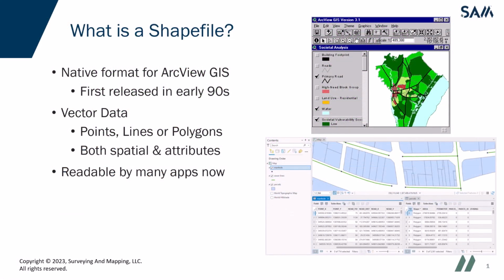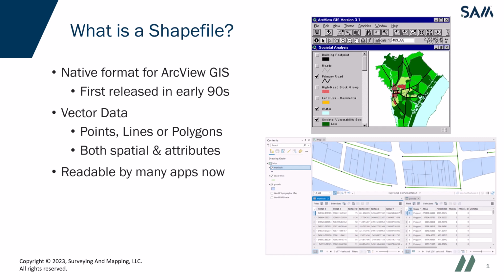Now, because shapefiles have been around for a long time, most applications that have any sort of GIS capability are enabled to read and sometimes write or export shapefiles as well. This includes applications such as Esri's ArcMap and ArcGIS Pro, but it also includes open source applications like QGIS and PostGIS, or applications from other vendors such as Autodesk, which would include Civil 3D and Map 3D, or Bentley, or Intergraph, Leica, Trimble, and the list goes on.